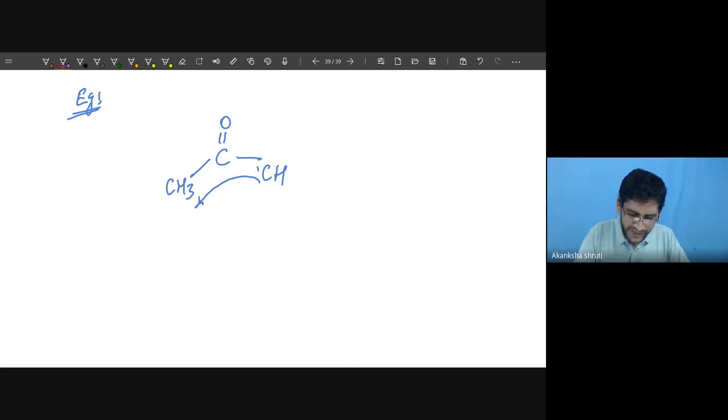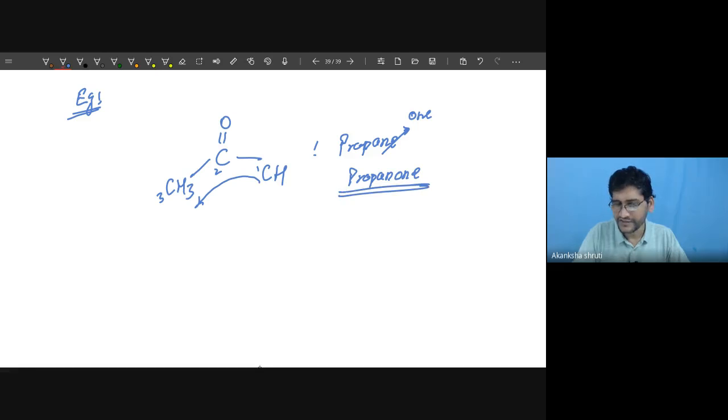So one carbon, second carbon, and the third carbon. This carbon need not be the first carbon. So it is simply called propane. From propane, this E has to drop and ONE has to be added. So propanone. Are you getting it? This is the answer.